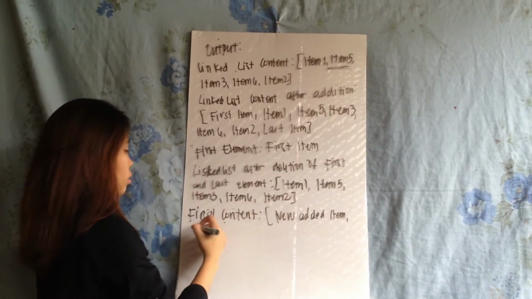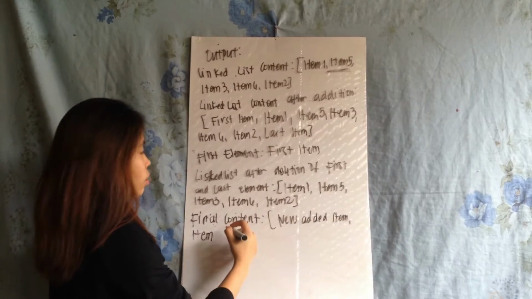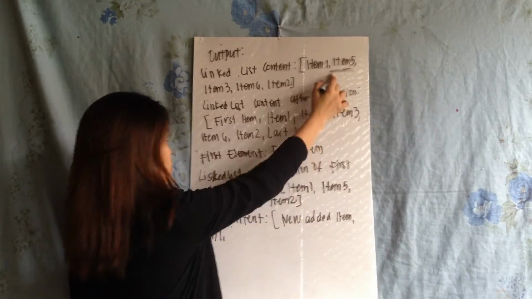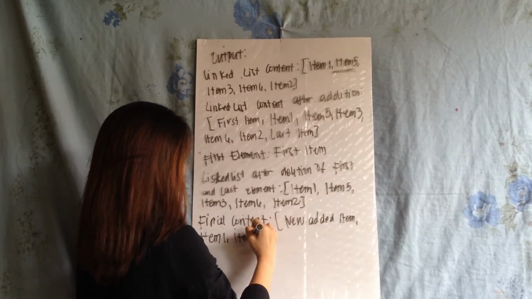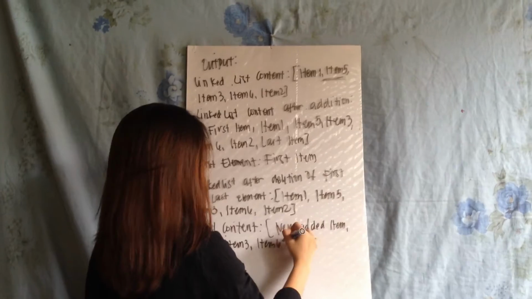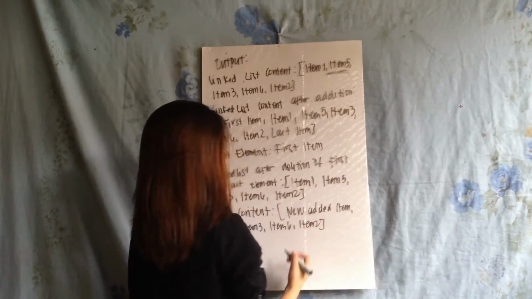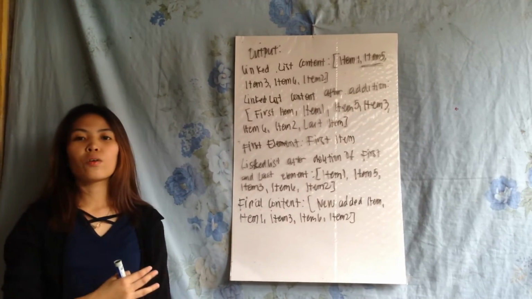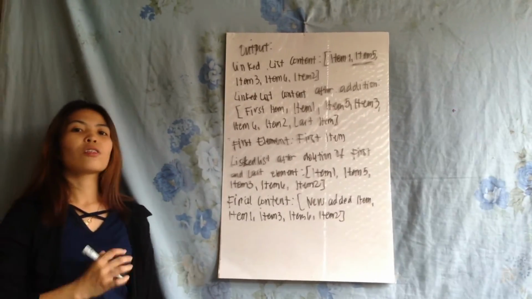So, i-display na natin siya dito. Ganito yung magiging output niya. Since nabura na to, diretso na tayo sa item 2, item 6 and item 2. So, ito na guys yung pinaka-output ng program natin sa Libre. So, sana may natutunan kayo.